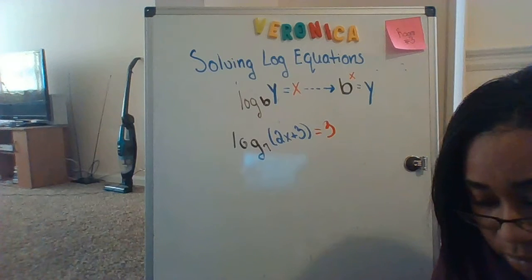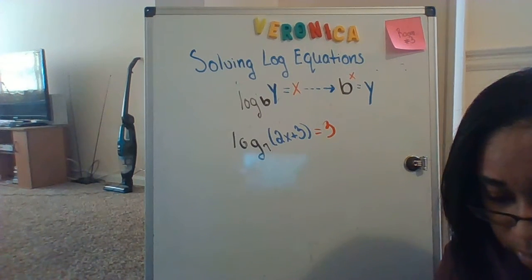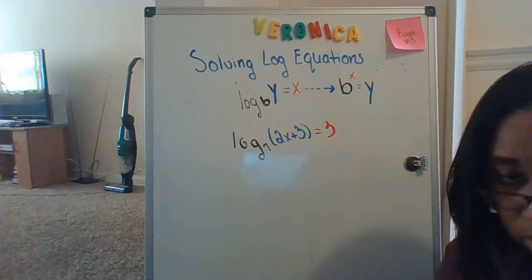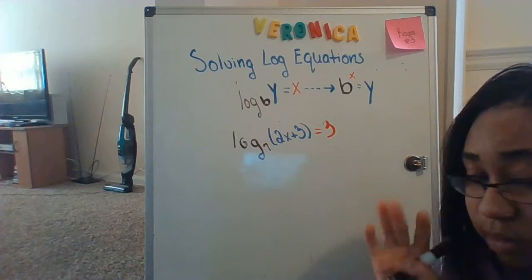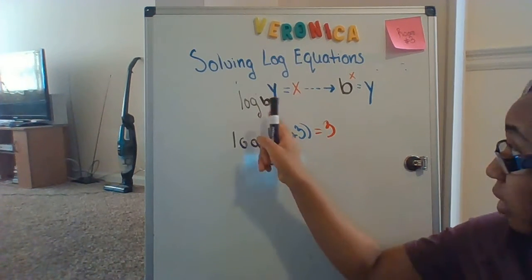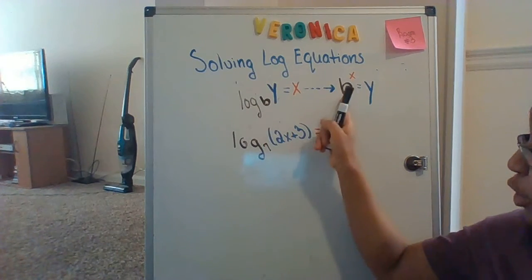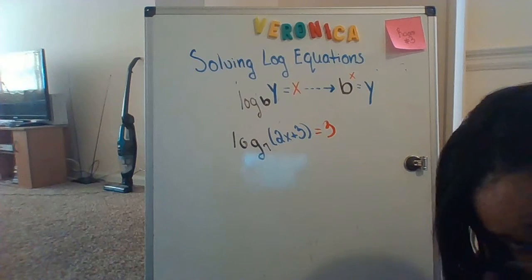So in the actual problem, pause. Keeping the same exact form, doing the colors, making sure they all match up. I'm going to take it out of log form, and the first thing I'm going to do is put it in exponential form.